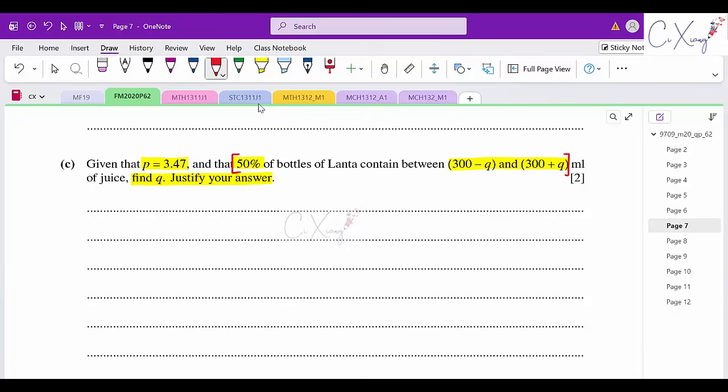If I try to draw a diagram, I think it's easier for us to visualize for the x. Like what I told you just now, x can take the smallest value of negative 10 and the highest value of positive 10. So I label them out first: this is negative 10 and this is positive 10.